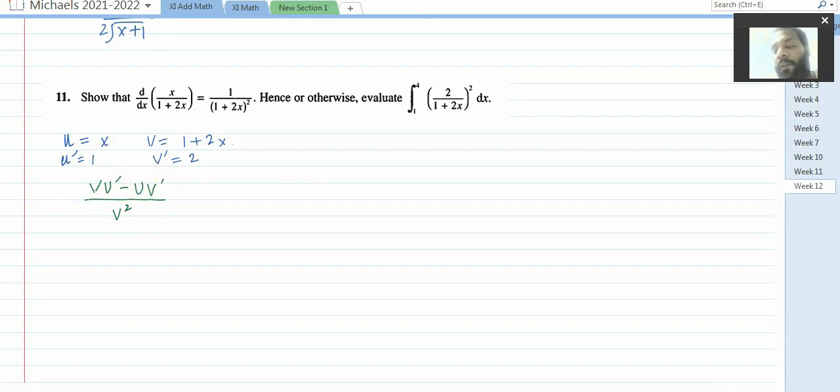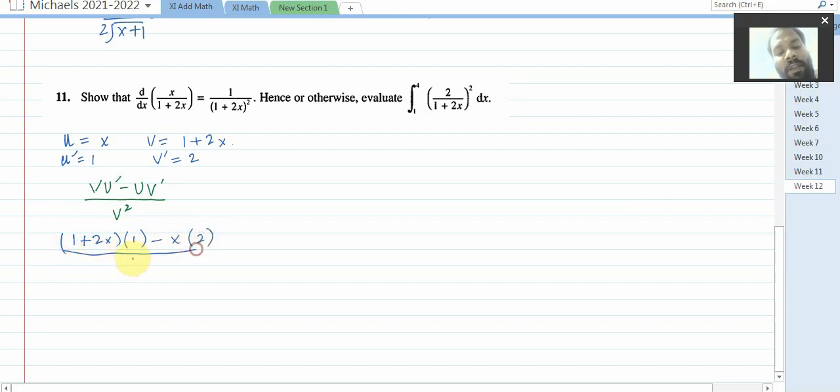We are going to place the values here. So v is what? v is 1 plus 2x, derivative of u, u dash, is 1, minus u is what? u is x, and derivative of v is 2, divided by v square. So v is what? v is 1 plus 2x and its whole square.